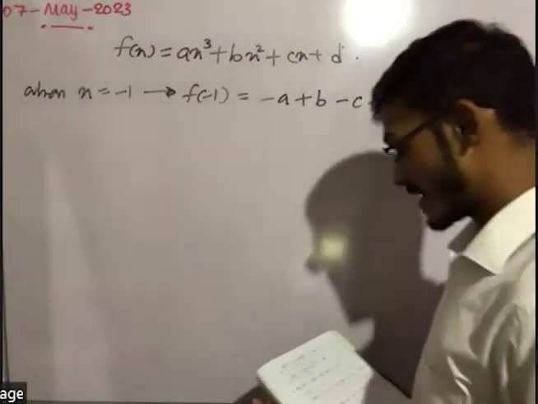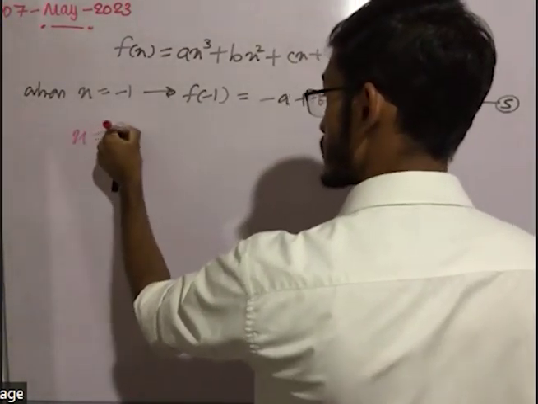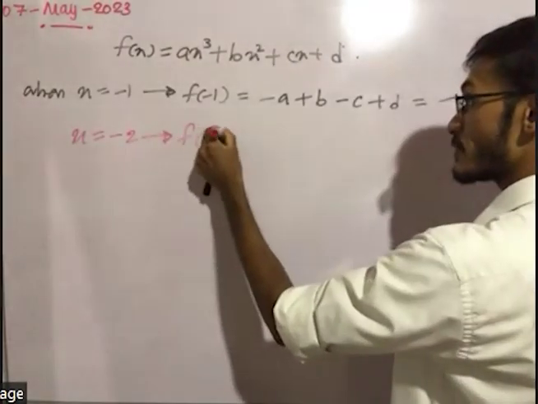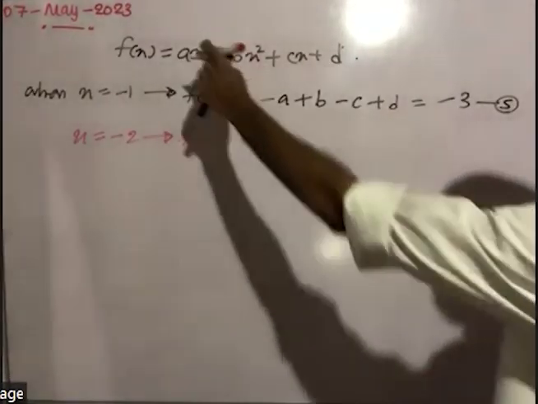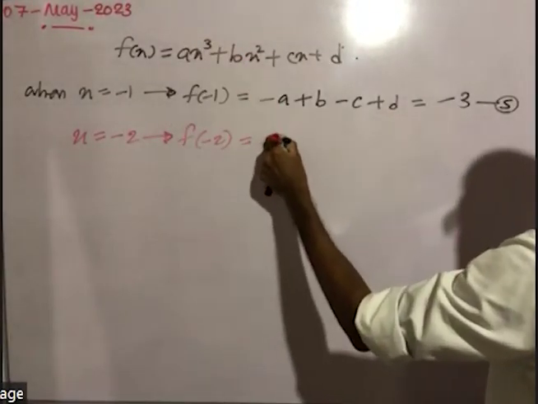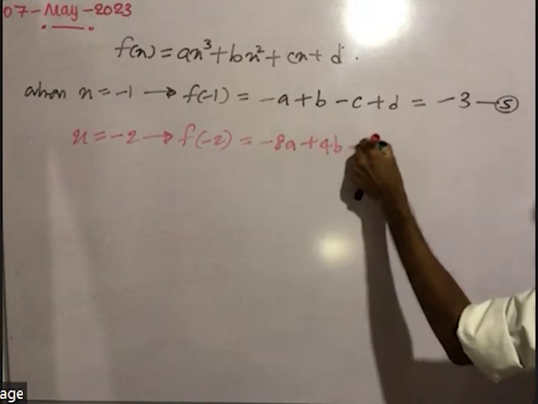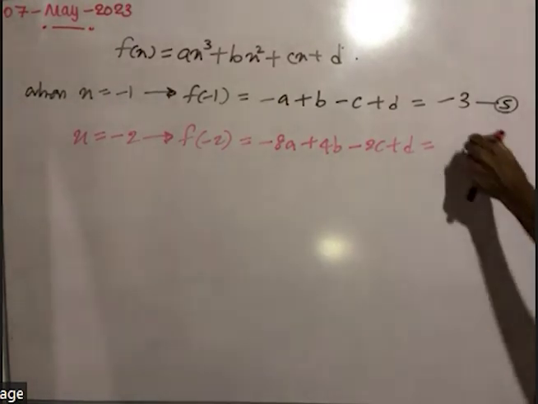Then when x equal to minus 2, again we can write down f(minus 2), that is equal to, when you substitute minus 2 here, minus 8a plus 4b minus 2c plus d, right? That is equal to plus 1.